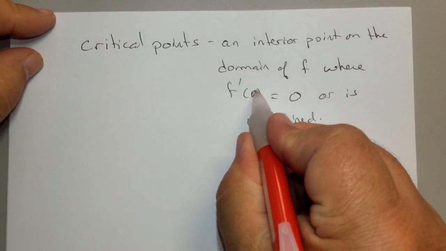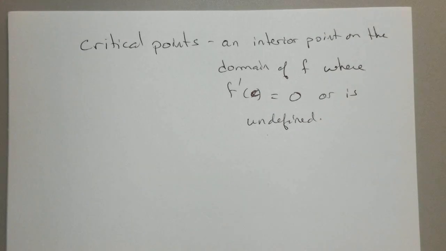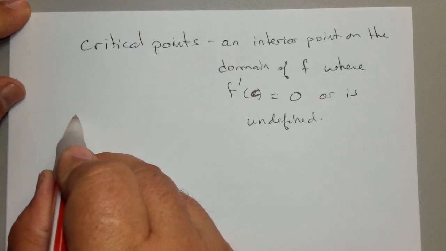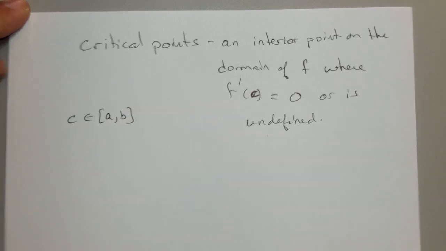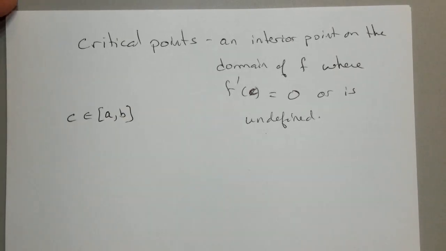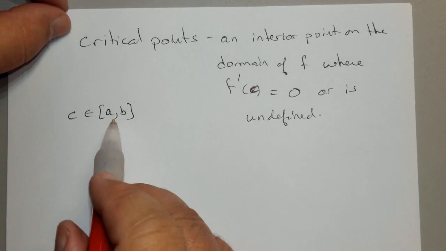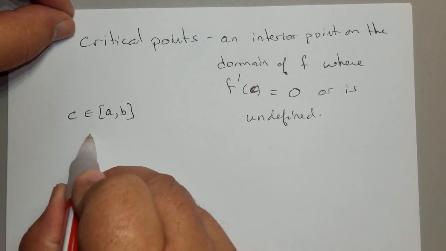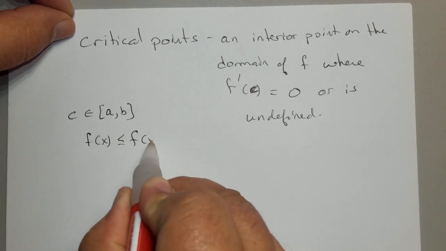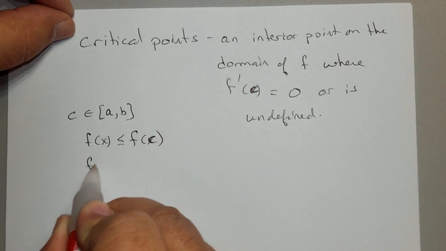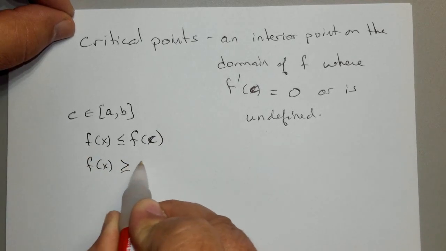Actually, this would be f prime of c. Remember what c was in the last definition? C is the value, the point, a number in the domain of f, from a to b, that is either greater than all the other points or less than all the other points.